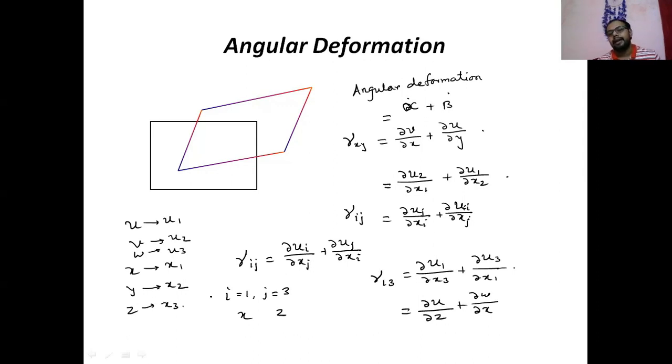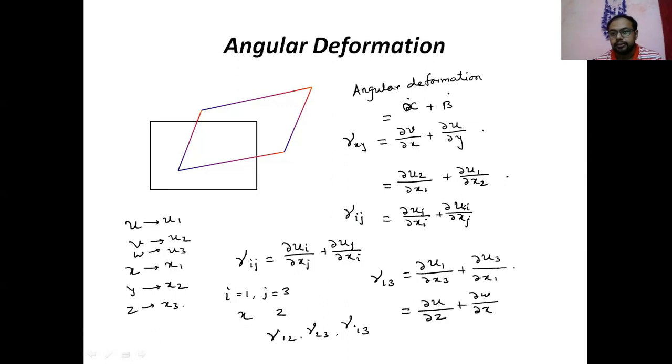In this manner we can write any equation. That is the angular deformation. Gamma 2 3 also we can write down. So gamma 1 2, gamma 2 3, gamma 1 3, all we can write down.